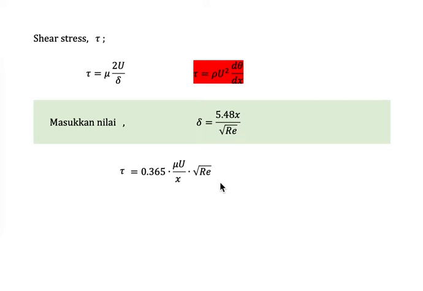Please be advised that the value of delta equal to 5.48x over square root of Reynolds number here is only for the parabolic velocity profile. For another velocity profile, the delta needs to be calculated again, and the value is not 5.48x over square root of Reynolds number.